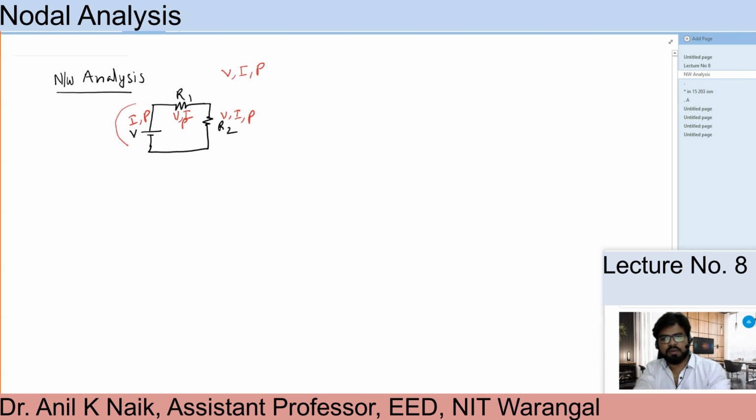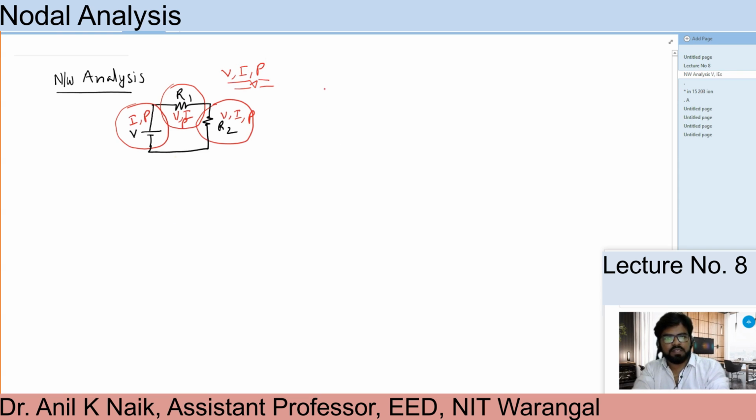At each and every element we are required to find all these parameters, so a detailed analysis can be done. So network analysis means finding all the quantities at each and every element. That process is called network analysis.